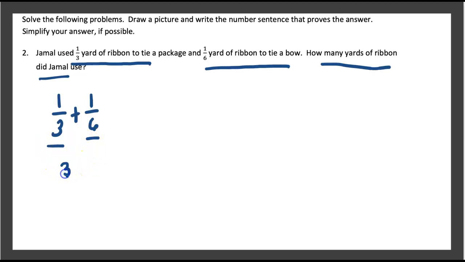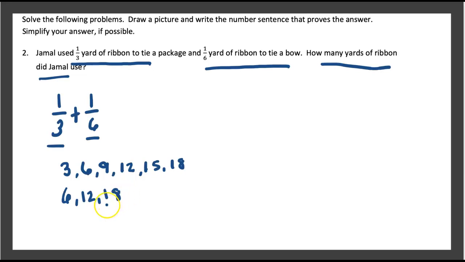So let's write out our multiples of 3 and our multiples of 6. So 3, I'm going to count by 3s. 3, 6, 9, 12, 15, 18. Okay. And then I'm going to write my multiples of 6. 6, 12, 18.